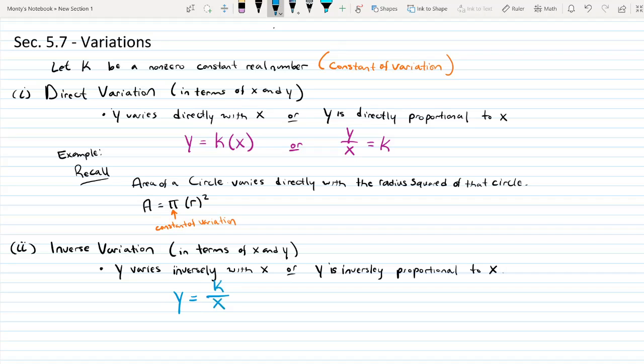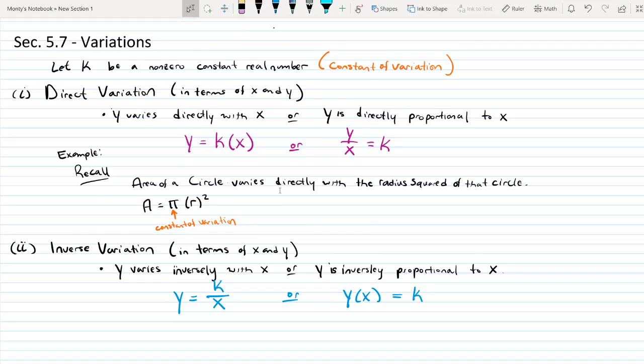So here we have y is equal to k divided by x. Or, again, if y is inversely proportional to x, we can solve for k, our constant of variation, and what we end up with is y times x, or xy. Right, so there are your two types of variations.